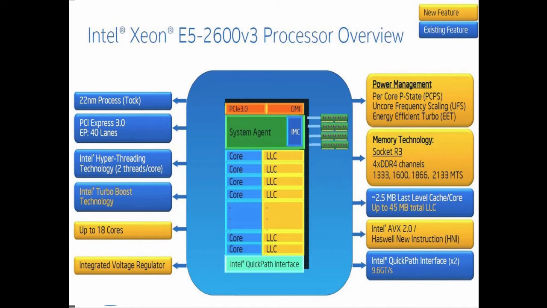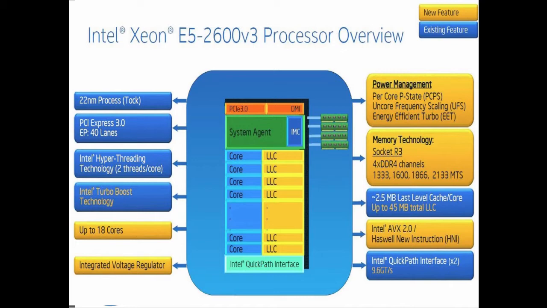One of the key things here is the Intel AVX 2.0 instruction set, the Haswell new instructions, which include this fused multiply-add command for vectors, for instance, 4 doubles at a time or 8 floats at a time.